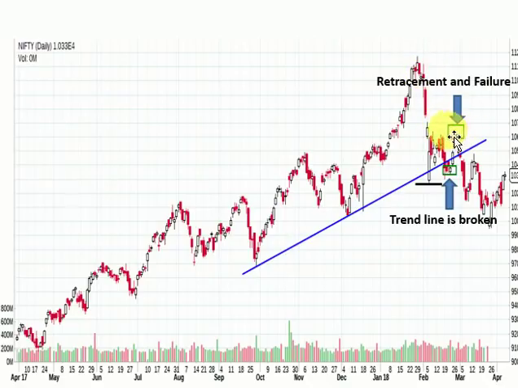It stopped in a place which is the middle of these two price high and low points, and finally it breaks the previous low which it made, and hence Nifty has gone to a downward trend.